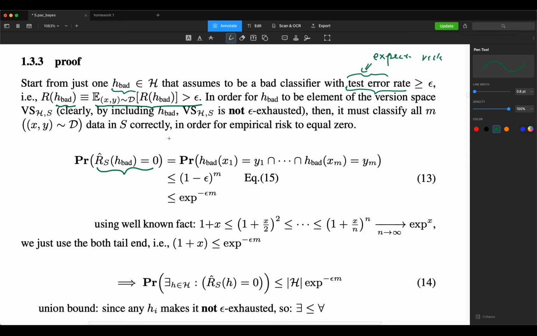Another way of saying that is the loss for every single pair of data is zero, which means this is satisfied simultaneously for this and this and this. So all your m data are classified accurately.